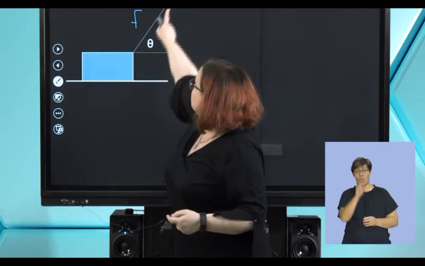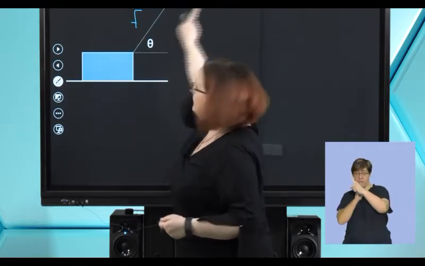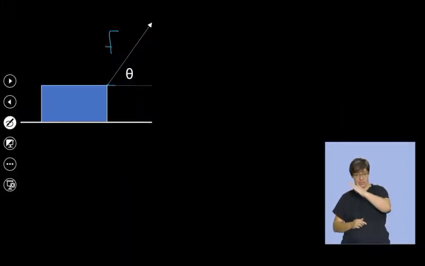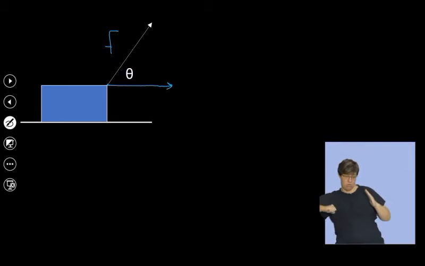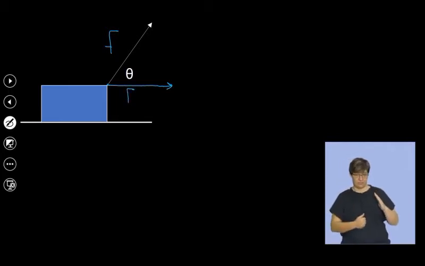Now, the arrow is pointing up and to the right. That means there's a horizontal component, going like this. Part of this force is pulling it to the right. This is my horizontal component. Part of this force is also pulling it up.